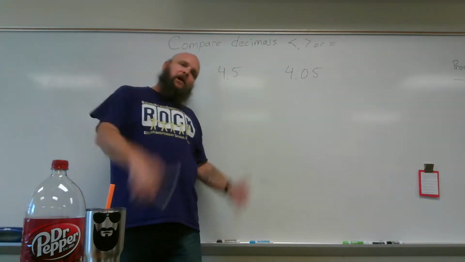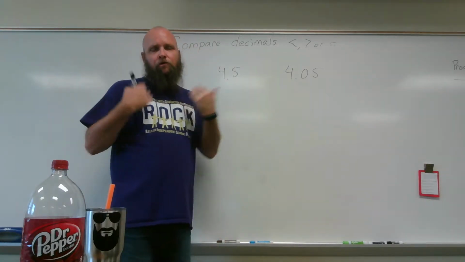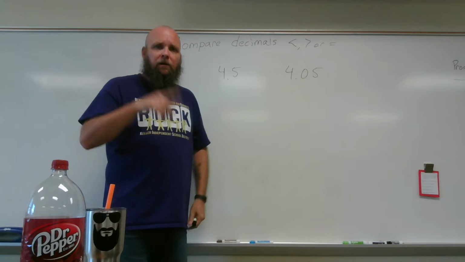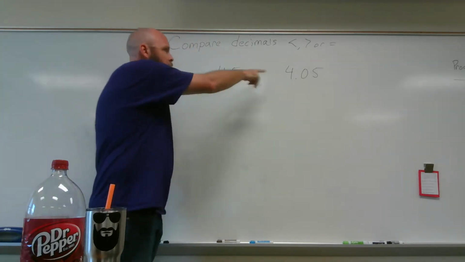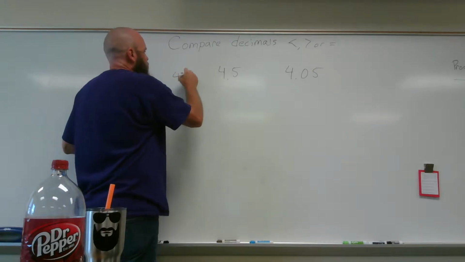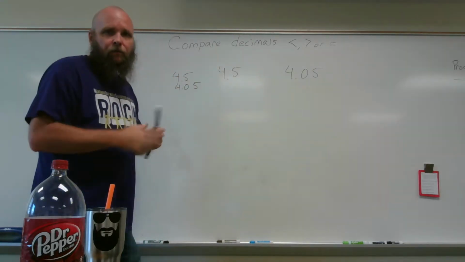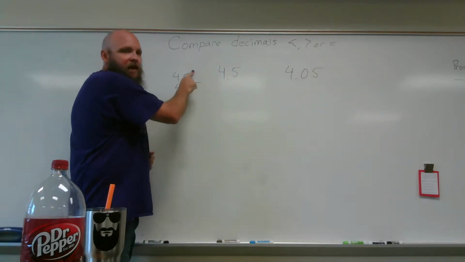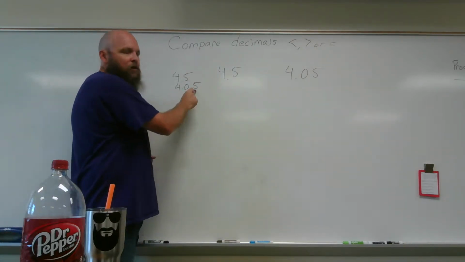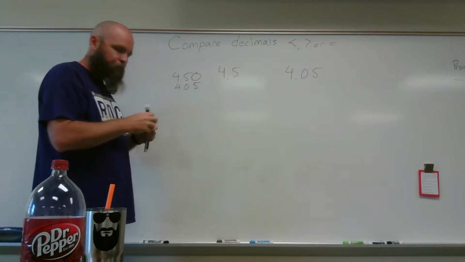If you follow the steps you were taught, take the numbers. We line them up vertically by the decimal points. Then we make them go out to the same smallest digit. This one goes out to the hundredths, so I want the other one to go out to the hundredths.